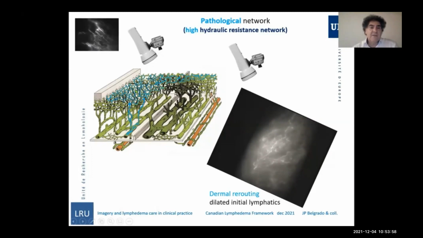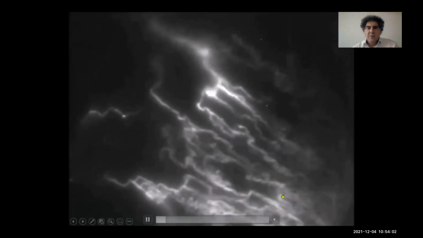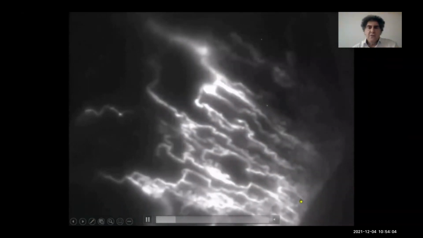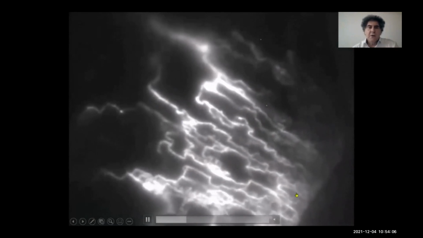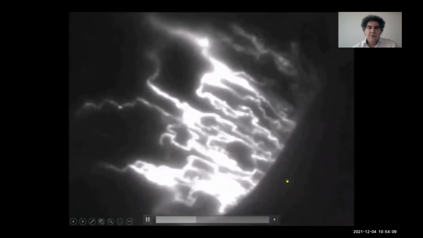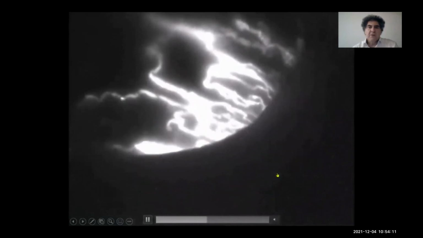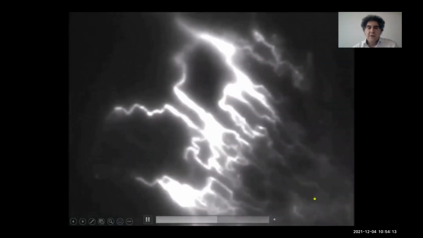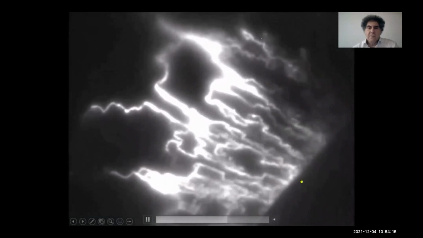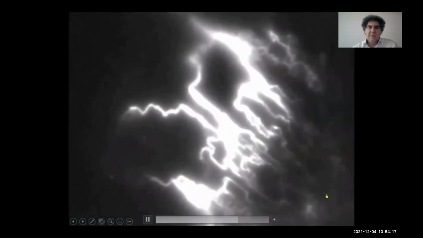And in this lymphatic network, with adapted manual lymphatic drainage techniques, there is a way to make the lymph progress. Of course, that has a much higher hydraulic resistance than the collectors.